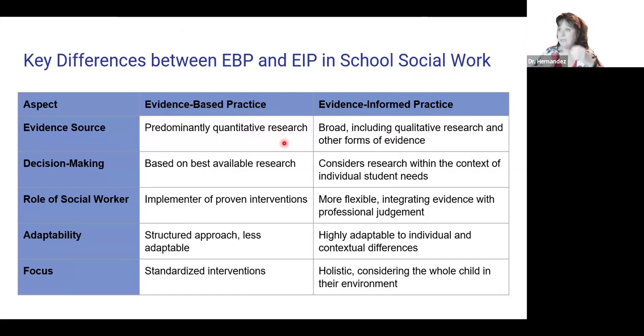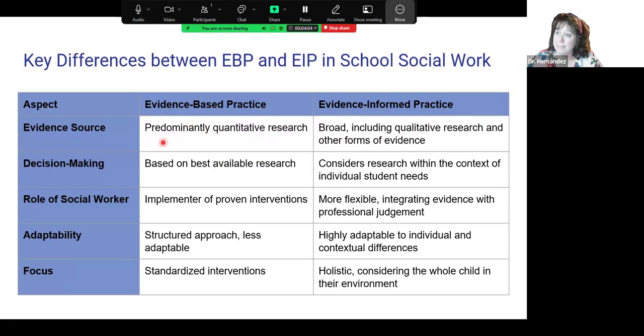In a school setting, it's pretty chaotic, and so that doesn't happen. Evidence-based practice is predominantly through quantitative research. It's usually based on the best available research, which is how you make a decision on it. The role of the social worker is the implementer of the proven intervention.